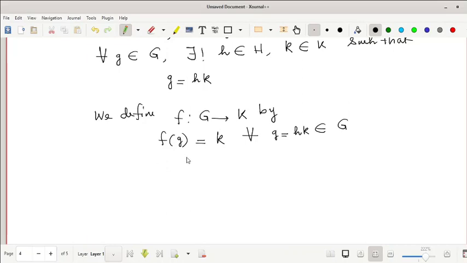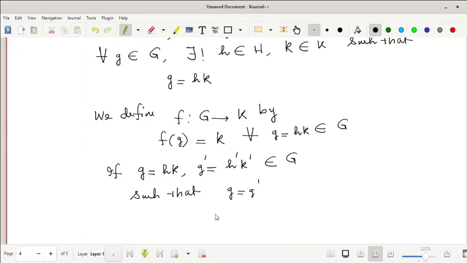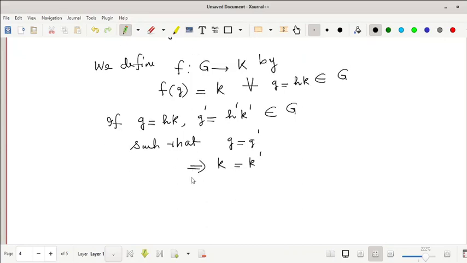Prove that, first of all, this is well defined. Why? Because if g equal to hk and g prime equal to h prime k prime belong to G such that g equals g prime, then by the definition of internal direct product, we must have k equal to k prime. In fact, h equal to h prime, but I don't require that.